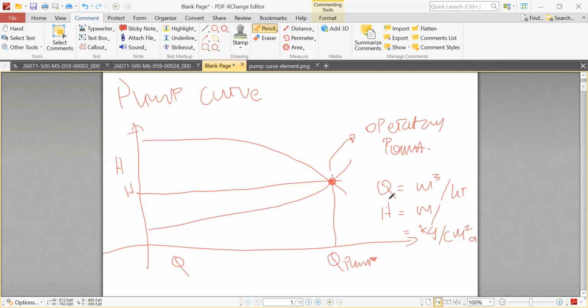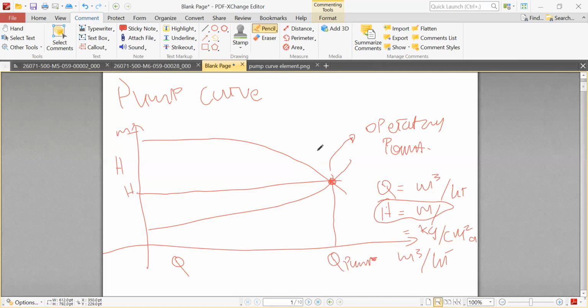We usually use this unit rather than the pressure unit. So for the basics of the pump curve, we need to first acknowledge the Q flow and the head. This is very basic.